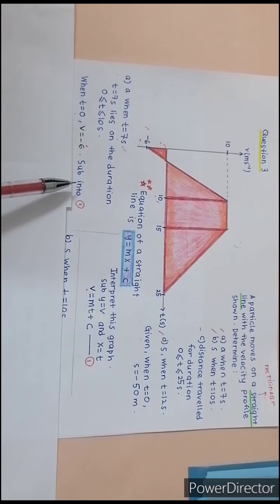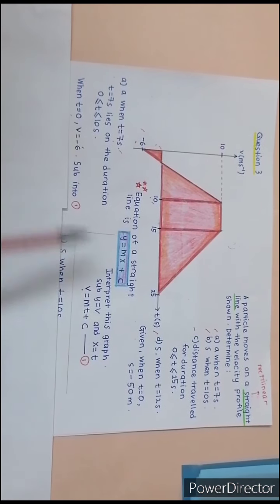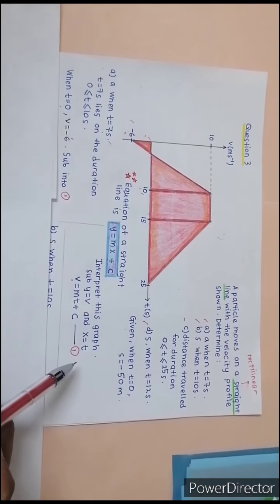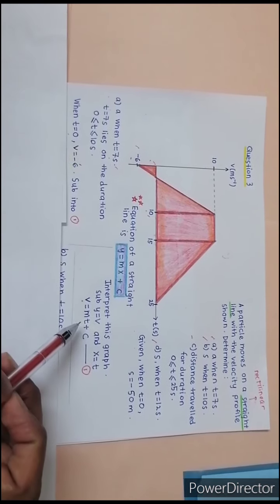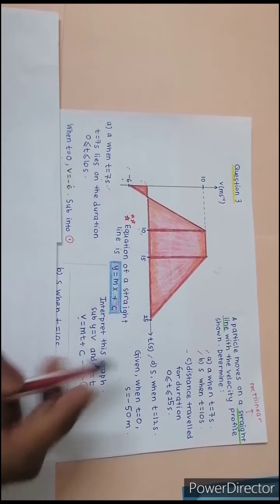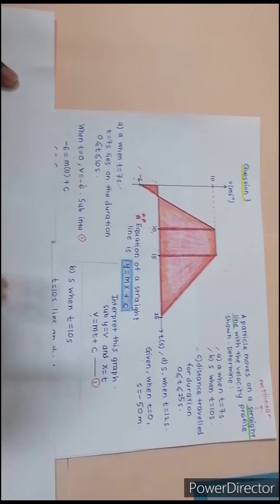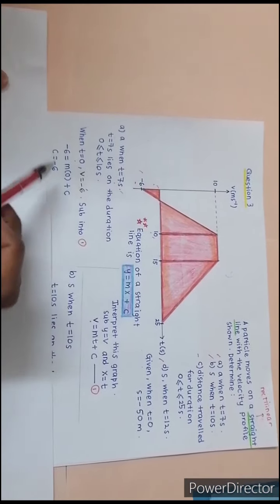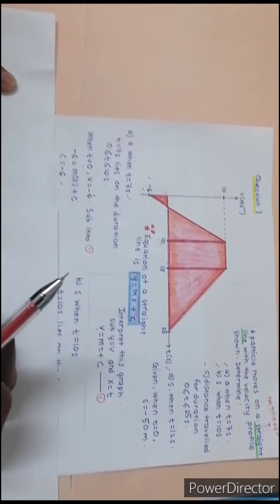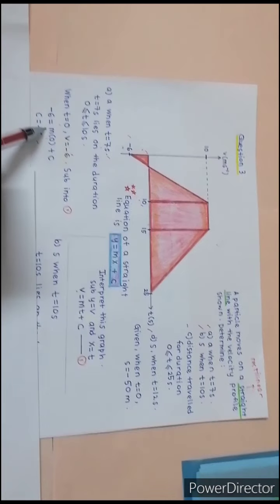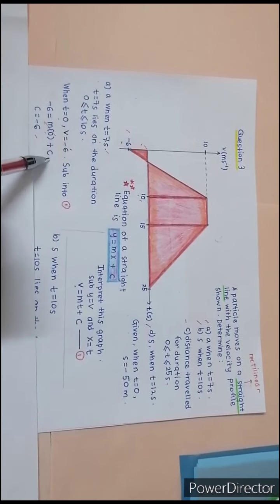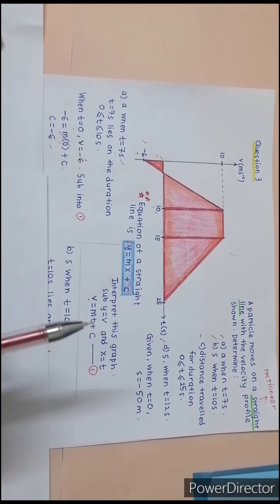By substituting this into equation number 1 that we found earlier, v equals mt plus c, substitute v equals negative 6 and t equals 0. You will get c equals negative 6, because when m multiplies with 0, it disappears. So c equals negative 6.